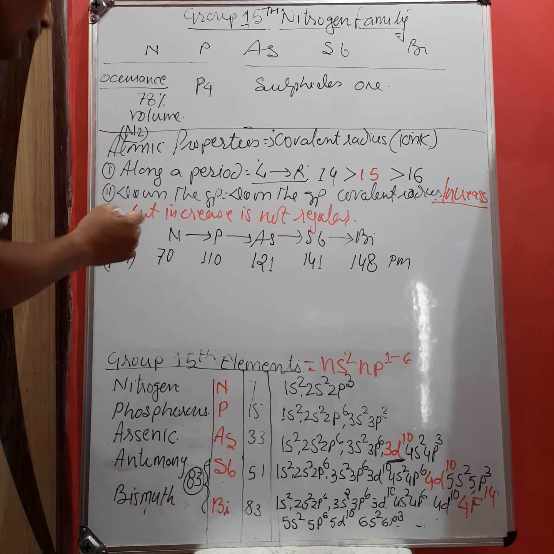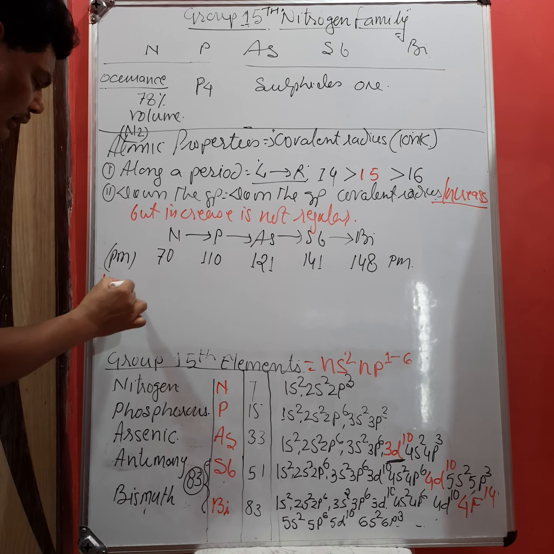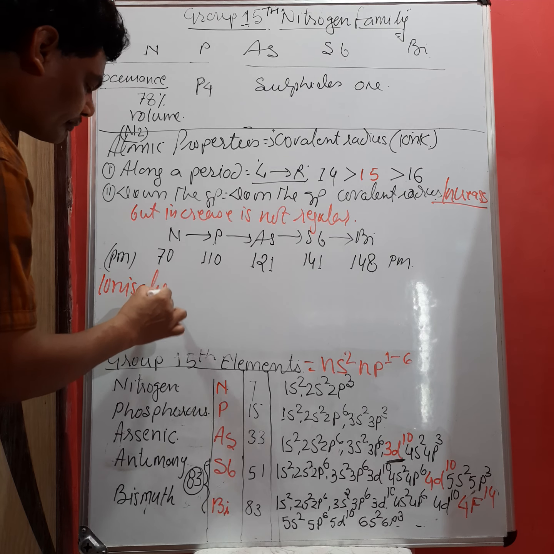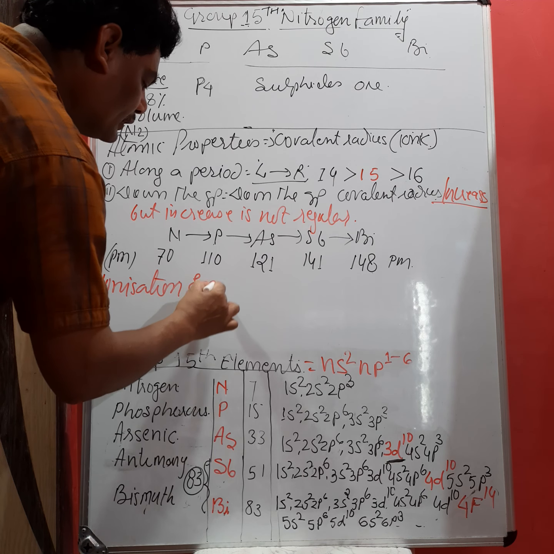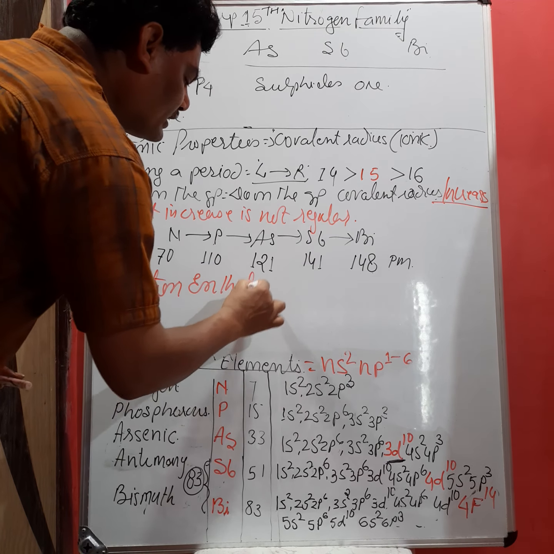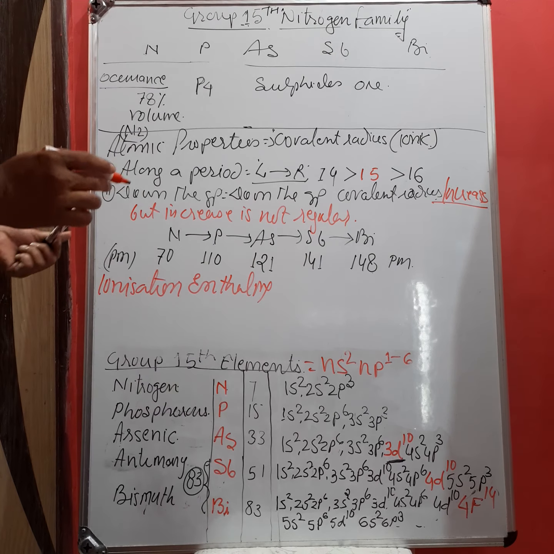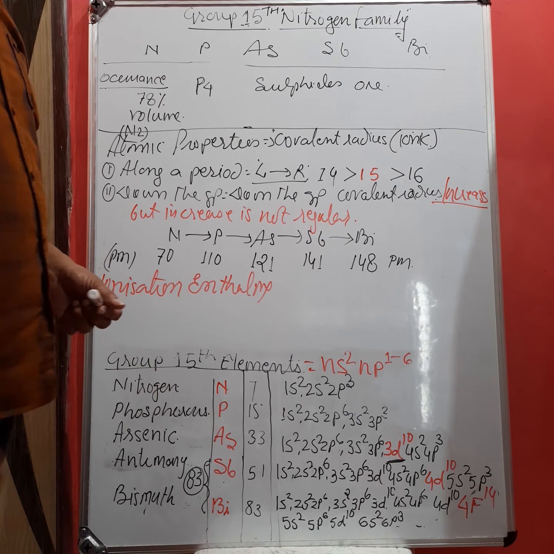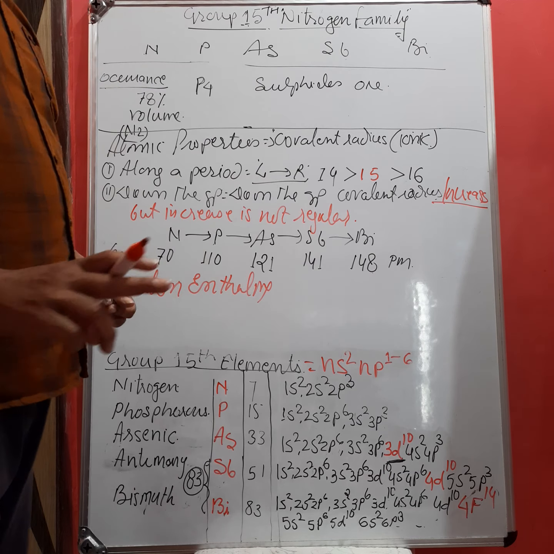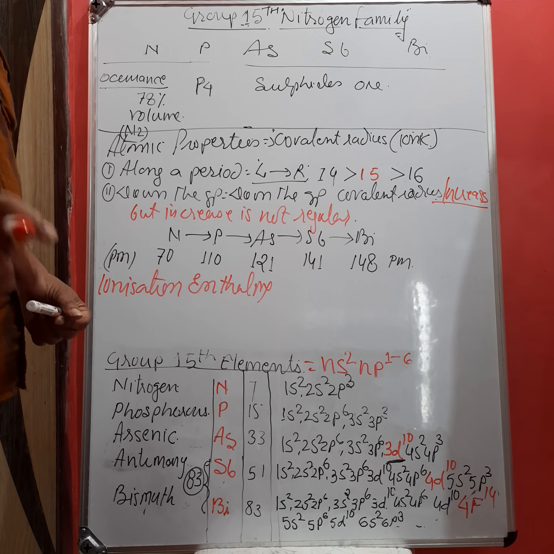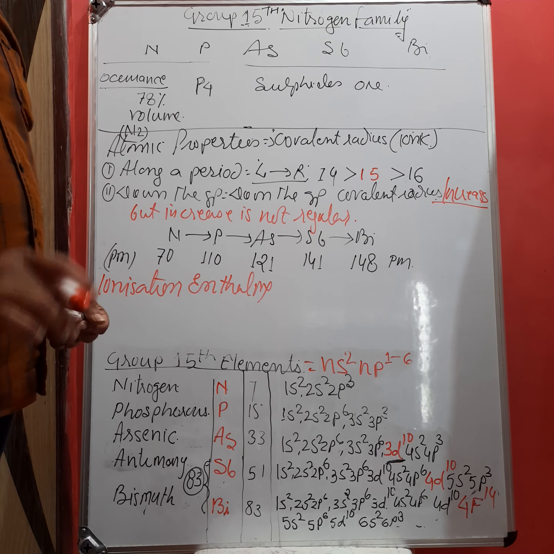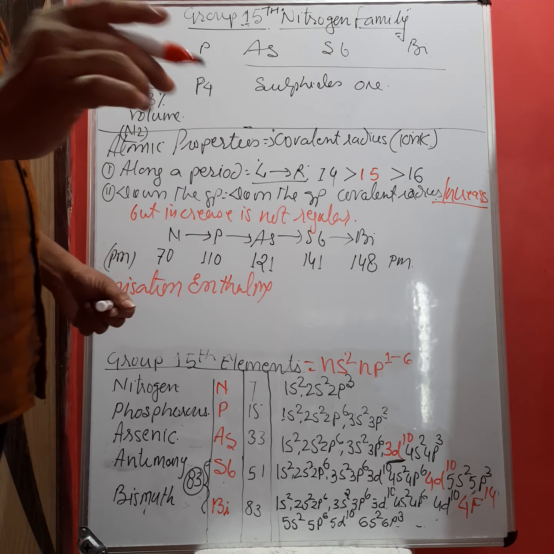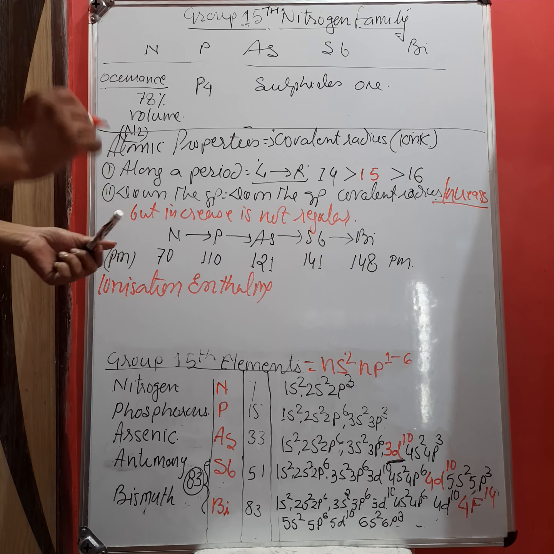Students, the second property is the ionization enthalpy. Students, you know that the ionization enthalpy mainly depends on three factors: atomic size, nuclear charge, and stable configuration, that is fully filled and half filled configuration.